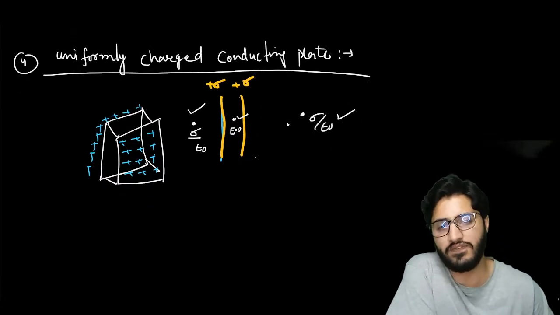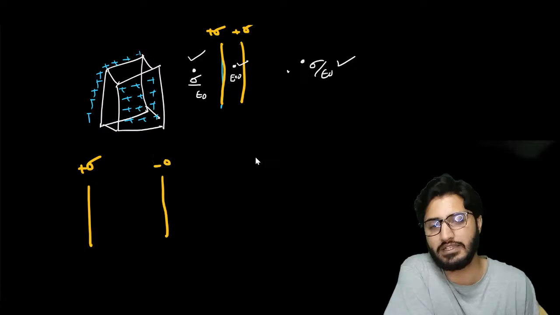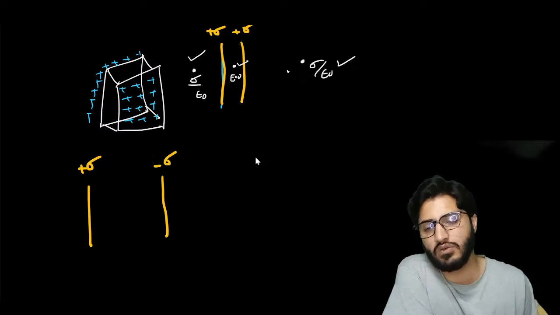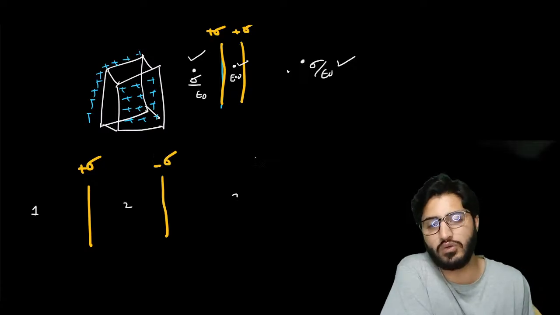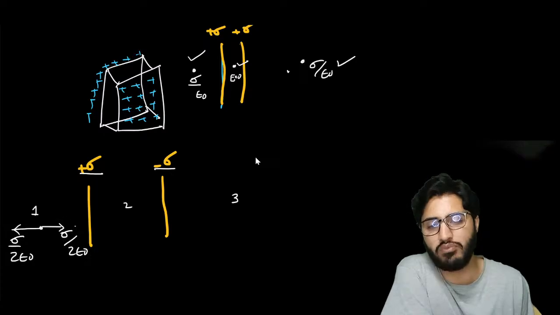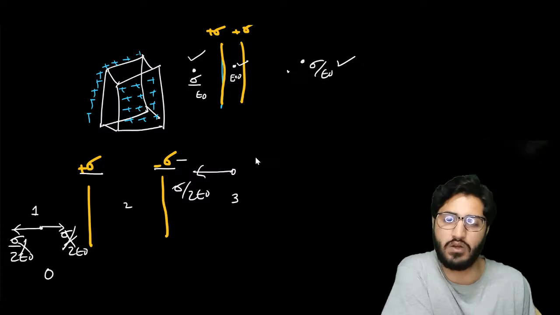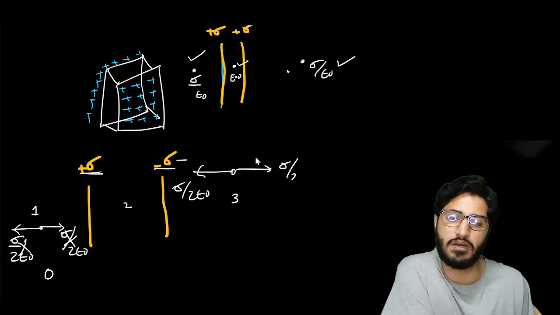Okay, let us suppose we have two sheets, one with plus sigma and the other with minus sigma. What is the electric field at points 1, 2, and 3? Due to this one, my electric field will be outward, sigma by 2 epsilon naught. Due to minus, it will be in this way, sigma by 2 epsilon naught. Both cancel each other, so it will be 0. Here, due to this one, the electric field will be sigma by 2 epsilon naught, and due to this one also sigma by 2 epsilon naught.